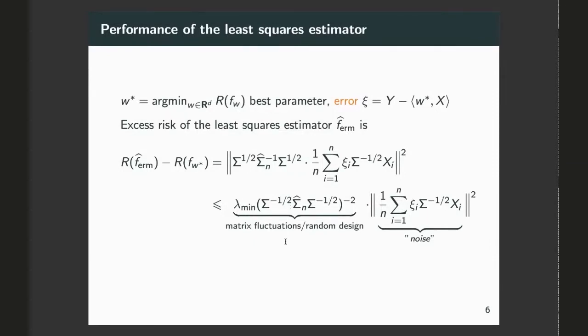At least asymptotically, if n goes to infinity, this matrix would go to the identity, and so this factor would tend to 1.